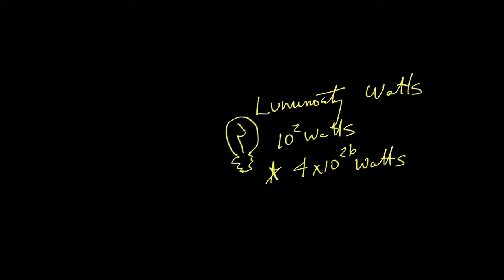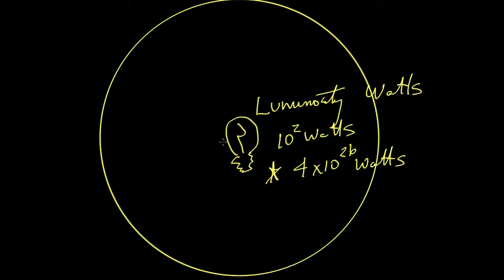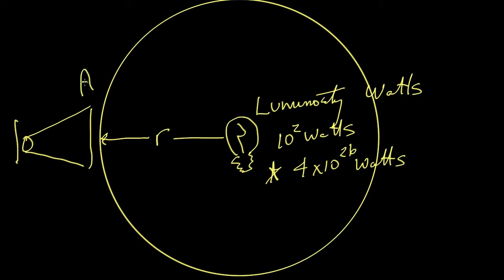Now, as the light of the light bulb goes out, it's spread out into a sphere. And so if you imagine that I'm a distance, for example, r from the light bulb, and I have a telescope that's going to look at that and collect all the light, put it onto a detector, and count how much energy it receives, and that telescope has area A, then you could imagine that the total energy per second received by the telescope is going to equal the luminosity of the light bulb times the fraction of the area of the sphere the telescope represents.